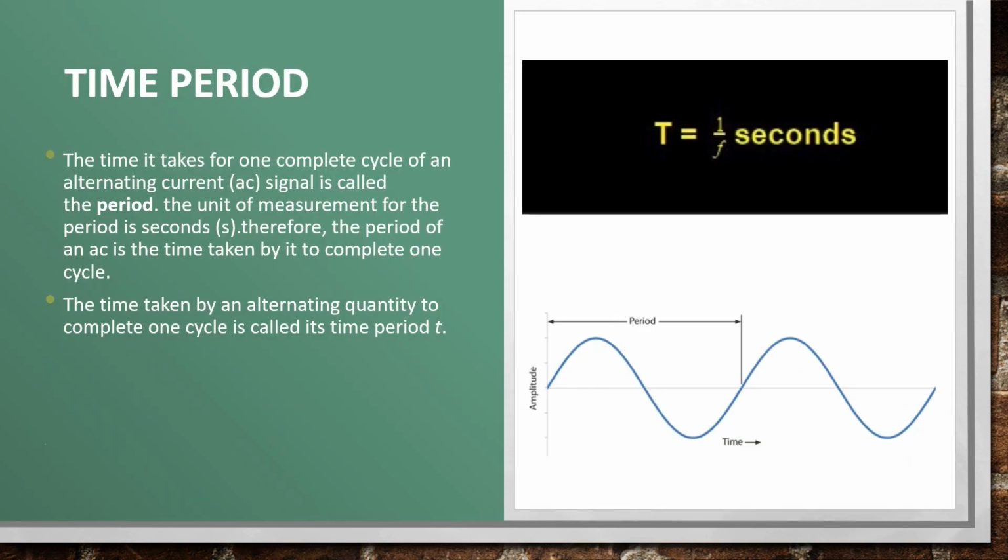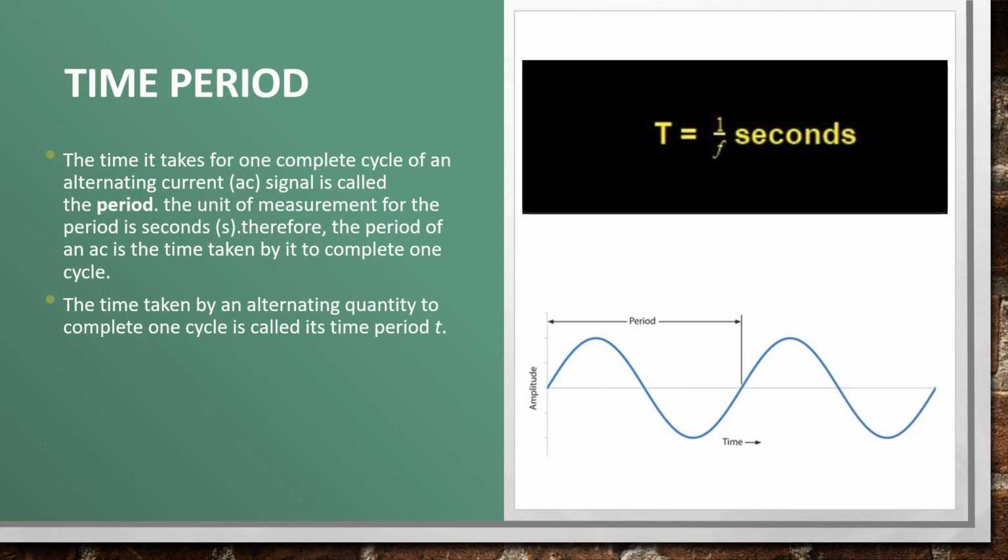The time it takes for one complete cycle of an alternating current AC signal is called the period. The unit of measurement for the period is seconds. Therefore, the period of an AC is the time taken by it to complete one cycle.